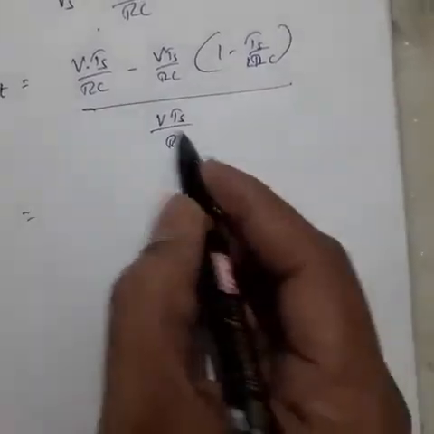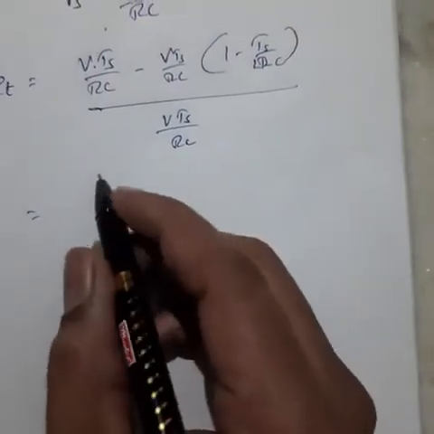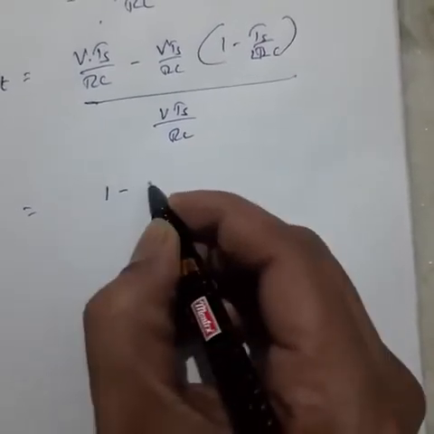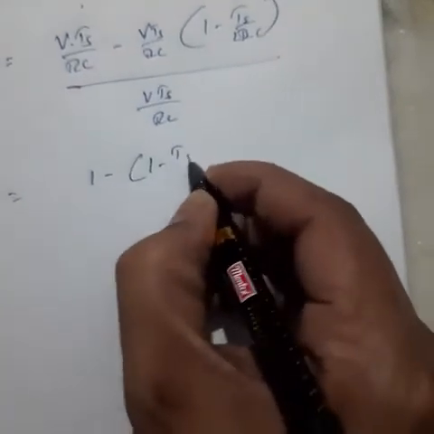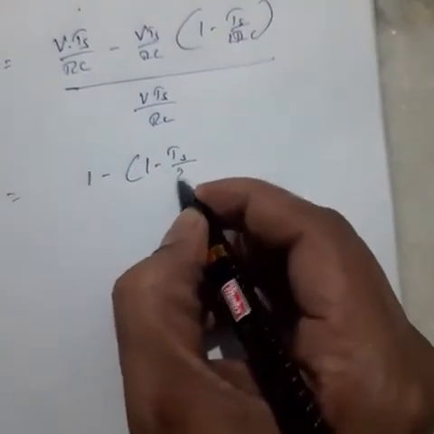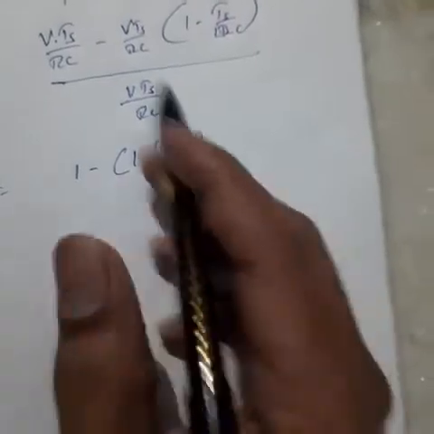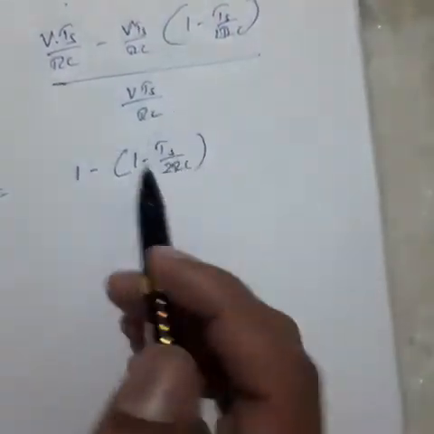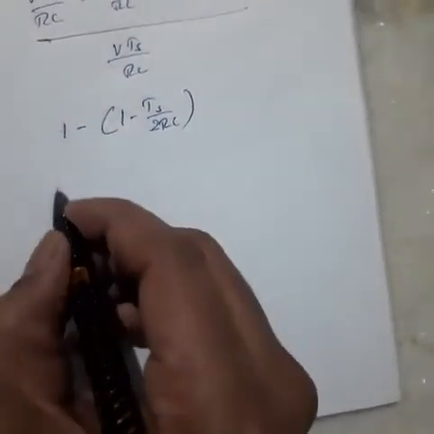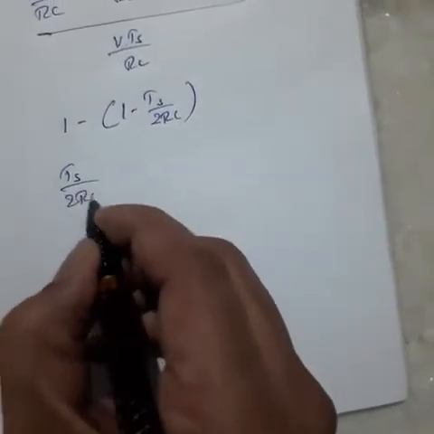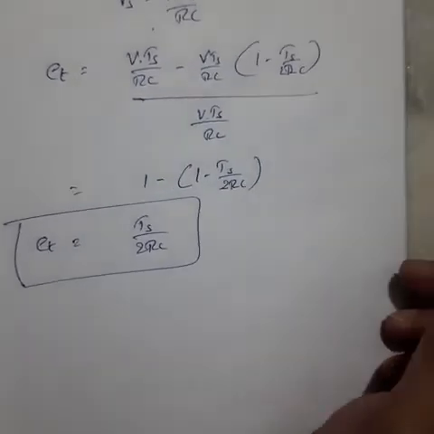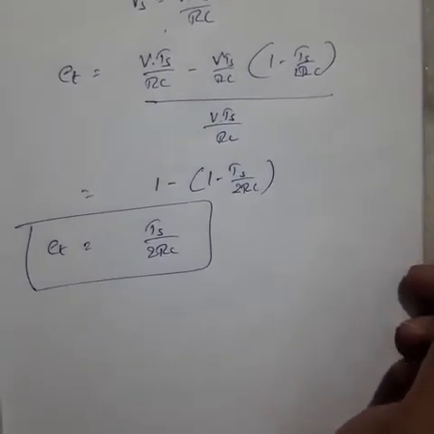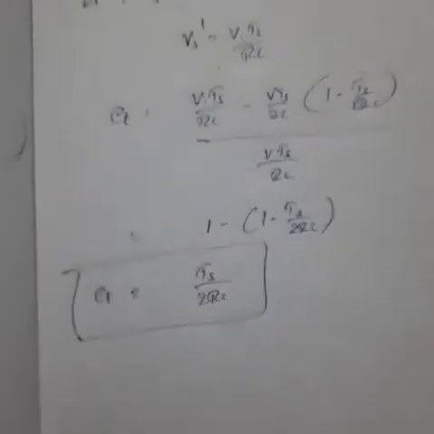V Ts by Rc is common and cancels, and 1 and 1 cancel. So finally Et equals minus Ts by 2Rc. This is the transmission error.